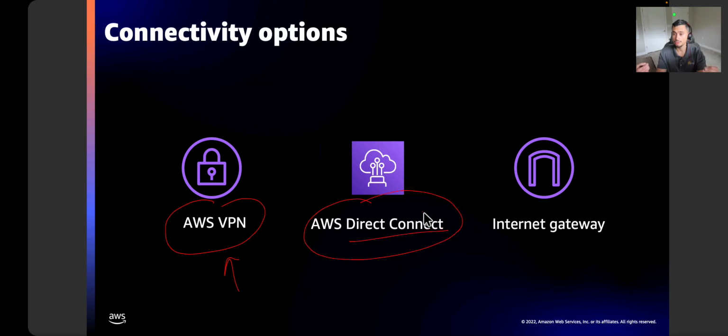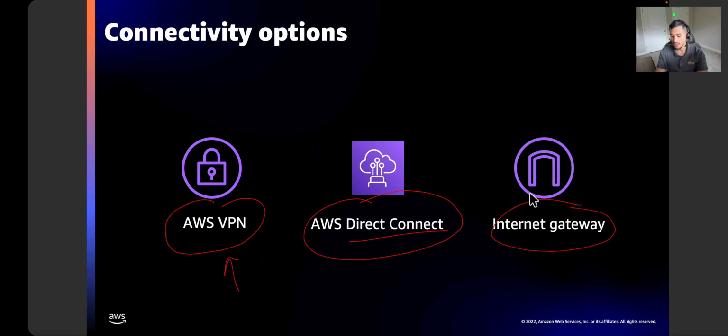We have predictable throughput, and we can also encrypt our data through that line if we want to. But just know the differences there. Direct Connect is for when we're transferring large amounts of data on a day-to-day basis. It's really the best solution for those hybrid architectures where we have a lot of data transferred back and forth. Not always the best solution, but in a lot of scenarios it might be the most optimized.